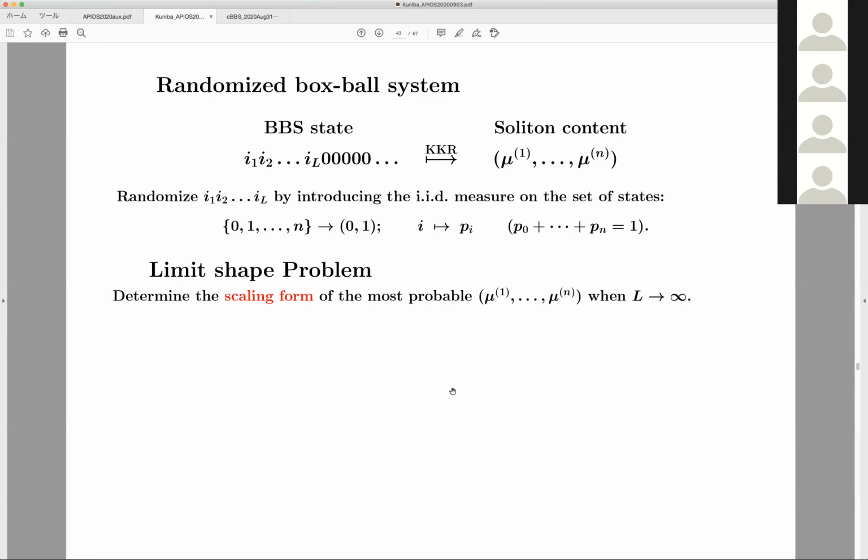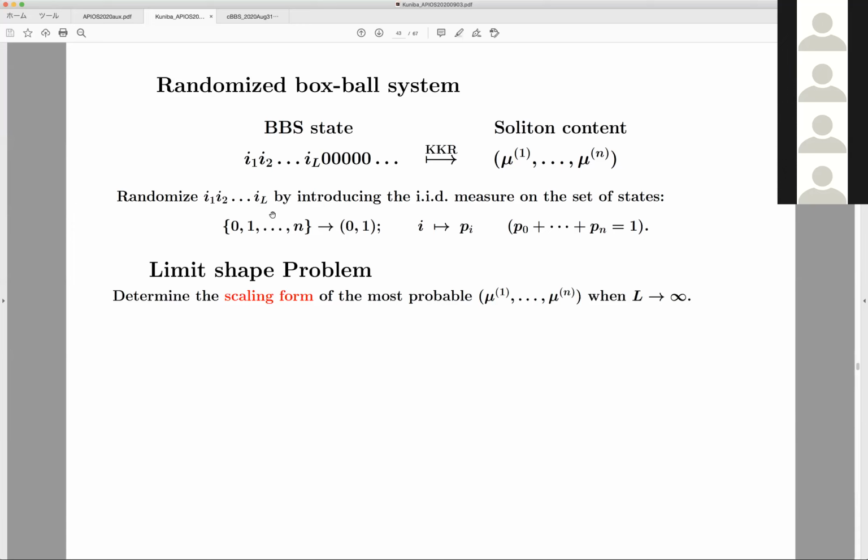But what I did is just introduce a measure on the state space of the BBS. And this measure is pretty simple. At every site, I put a ball with probability 0.3 and empty with 0.7, independently at each site. So somehow it's a randomized ensemble of the BBS states.